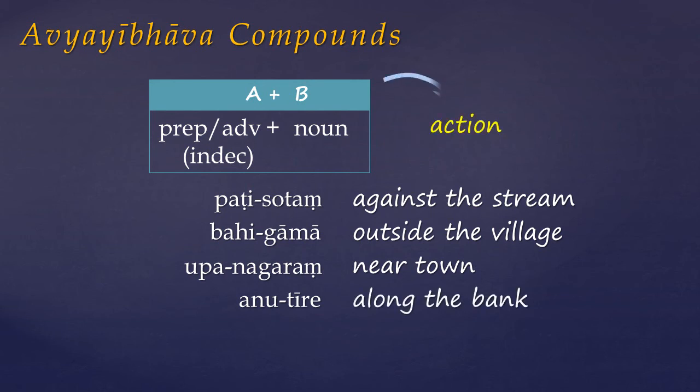They refer to an action in some way, indicating where or how the action is being done, and thus they are used as adverbs and are themselves indeclinable. And Warder lists quite a few examples.